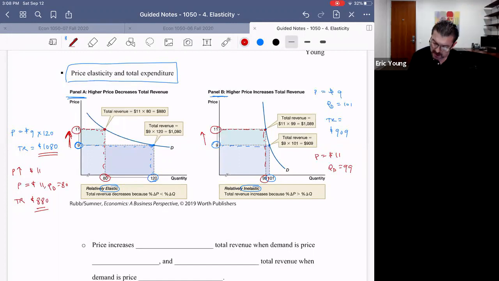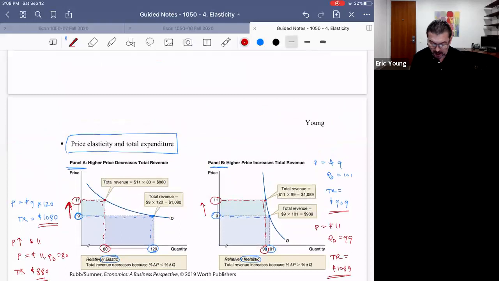Think back to your definitions. If you do the total revenues, you're going to see that it's 11 times 99, $1,089. And therefore, we can conclude something. If you know whether your curve is elastic or inelastic, then you can make a prediction of how the price change under price elasticity will affect total expenditure.